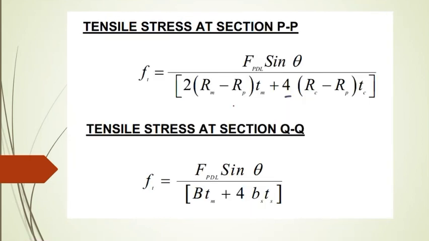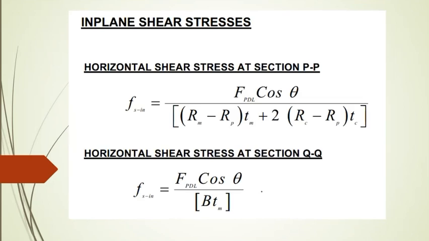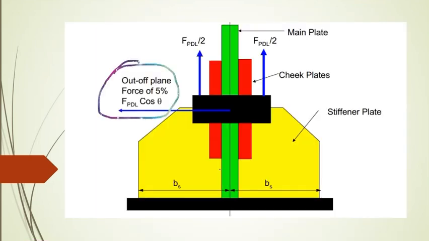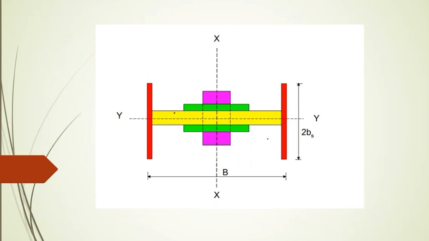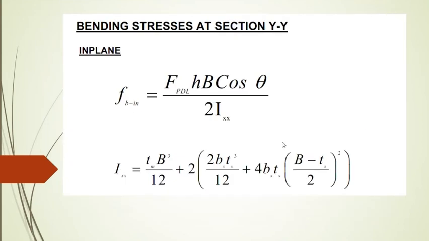And horizontal shear stress at section QQ is mainly B times thickness of main plate, because the main plate would be taking most of the shear, not the stiffeners. So for horizontal shear at section QQ, it will be B times thickness of main plate. That's what is considered here.